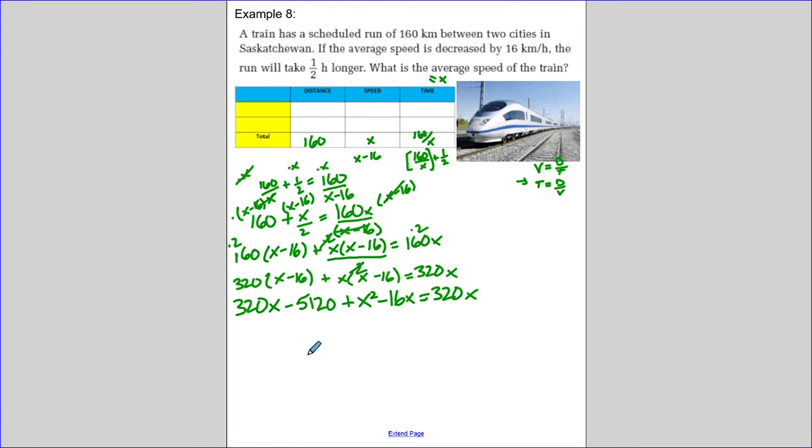Now my next part, I need to start to combine my like terms together. So I have an x squared on this side, a 320x over there, so I'm just going to start to combine my like terms. So x squared comes first, plus 320x. I'm now going to subtract the 320x over to the other side.